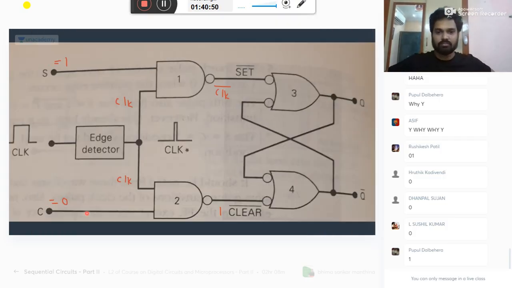Listen, okay, these two NAND gates will steer your clock to the top or bottom. This pulse is there now, and it may be sent to the top or bottom. You observe.